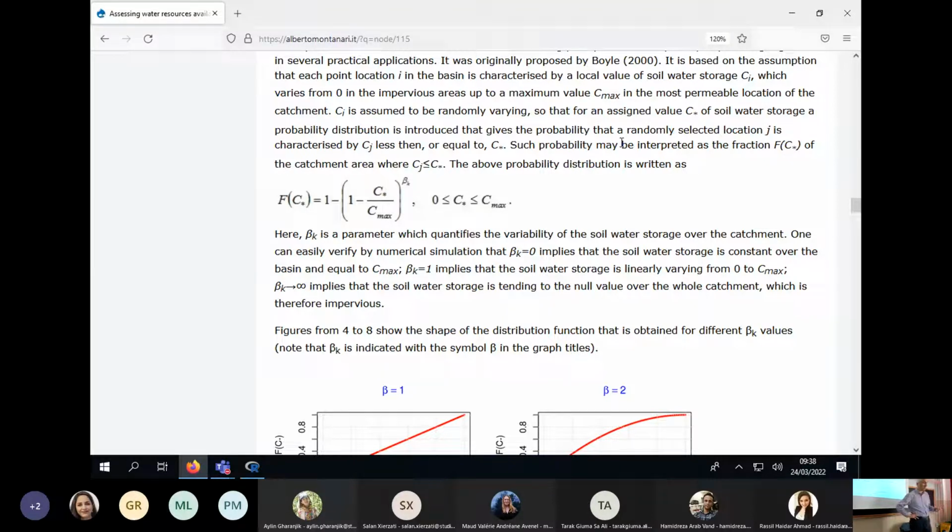Okay, now you can understand what happens here. If I put rain over the catchment, what happens? What is the logical consequence, the logical step forward of this approach? The logical step forward is that where I have the soil that is able to store water, I have no production of river flow.